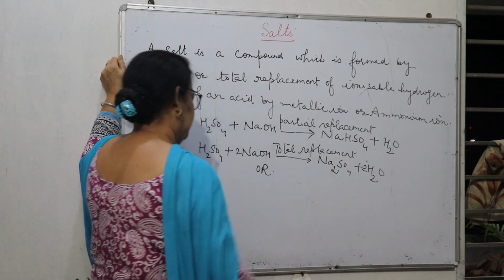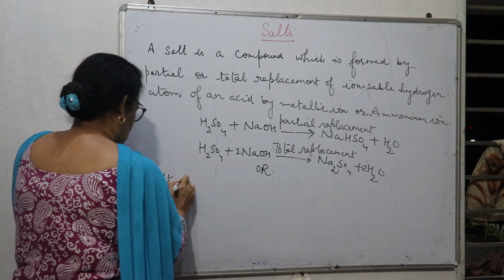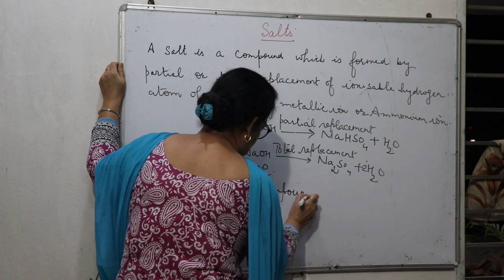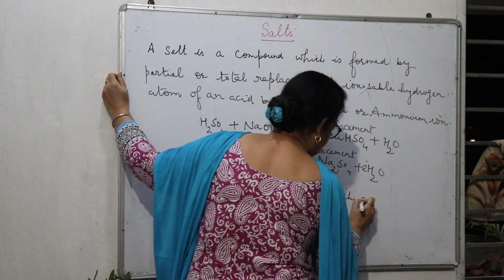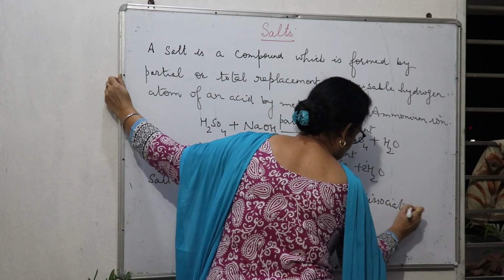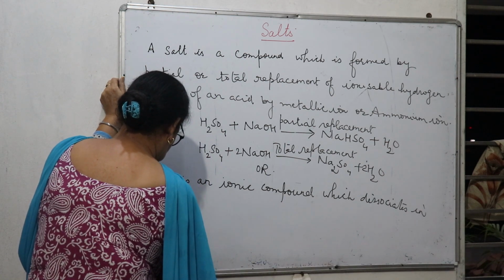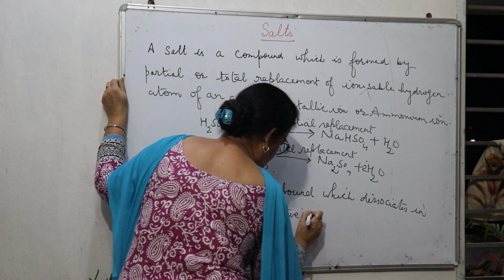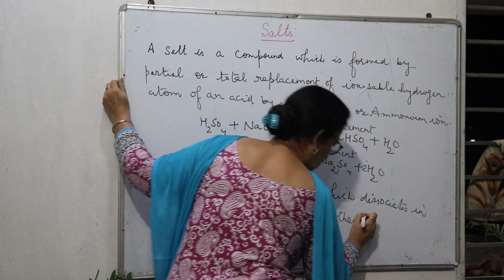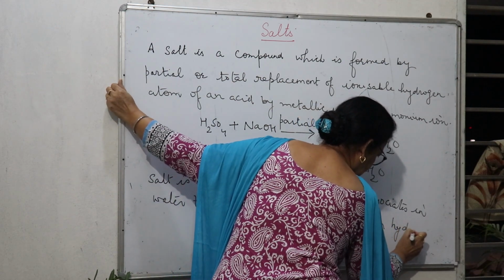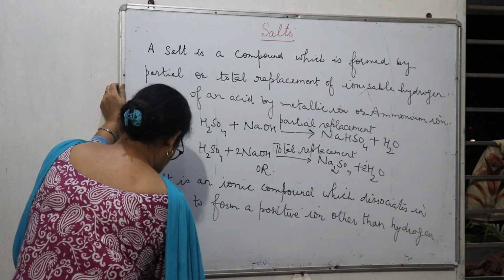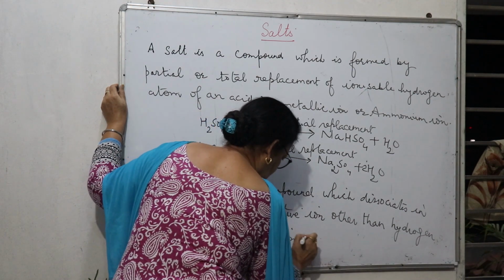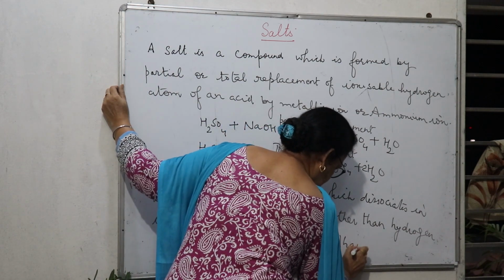Second definition: salt is an ionic compound which dissociates in water to form a positive ion other than hydrogen ion and a negative ion other than hydroxyl ion.